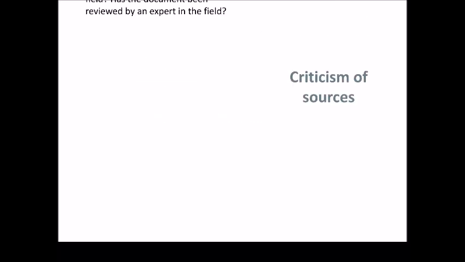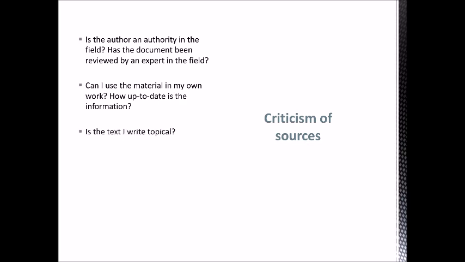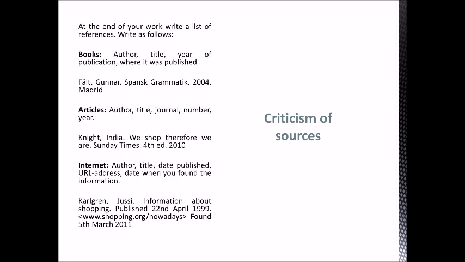So let's see if we can move on to this one. It is important for you to know how you write a source in your list of references that you should have at the bottom of your text. So at the end of the text, always write a list of references and then write your source as is said by this instruction.